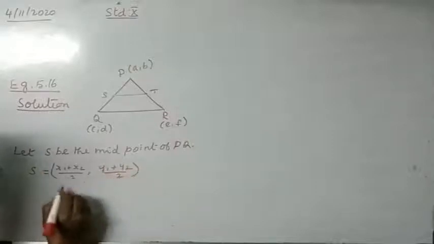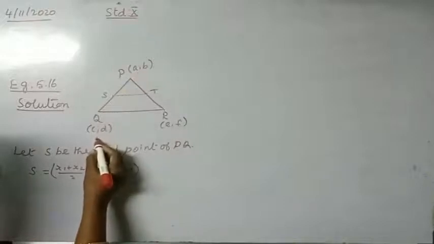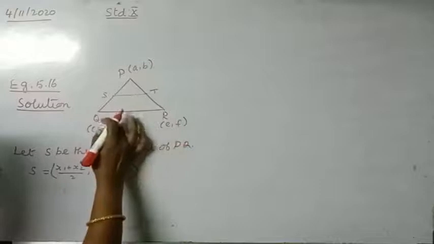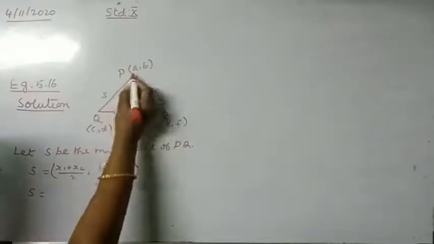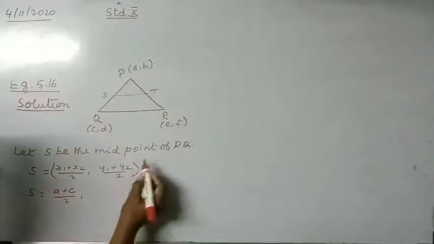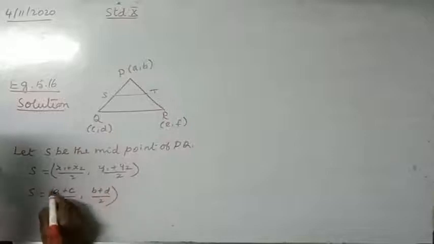Now take this as x1 y1, this as x2 y2. So S is the midpoint of PQ, so we take these two points. So from this, x1 plus x2 is A plus C by 2 comma y1 plus y2 is B plus D divided by 2.